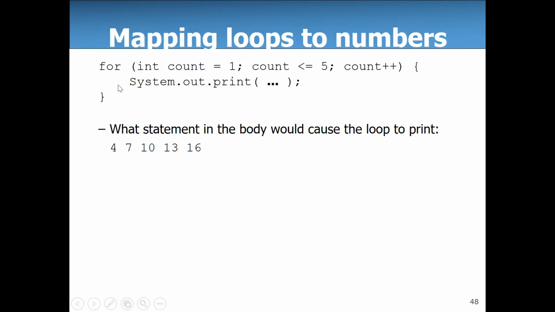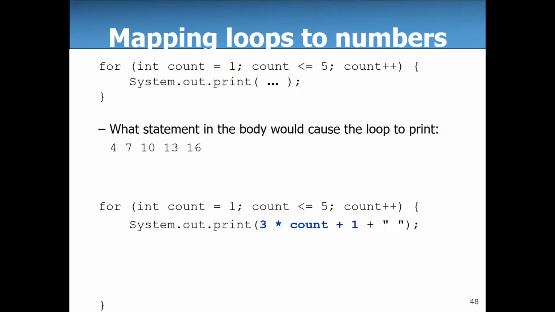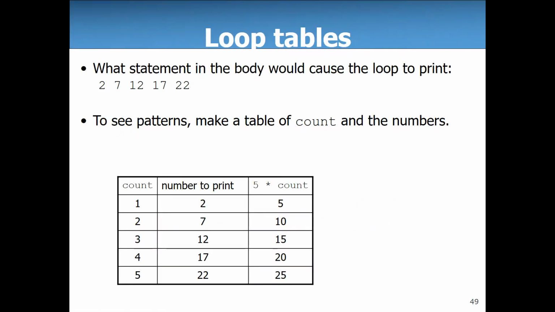This is asking about the same loop, so count values are going to be 1, 2, 3, 4, 5. The number we want to get is 2, 7, 12, 17, and 22. And we notice the same relationship, that these are separated by 5s.